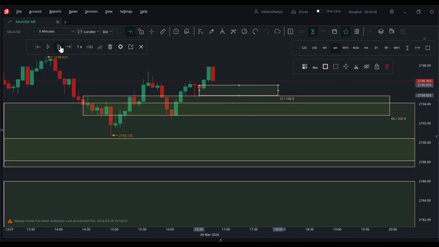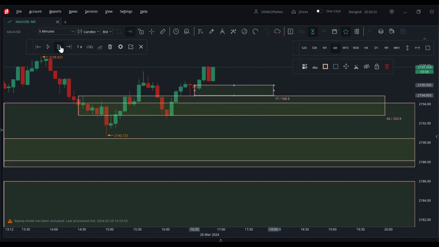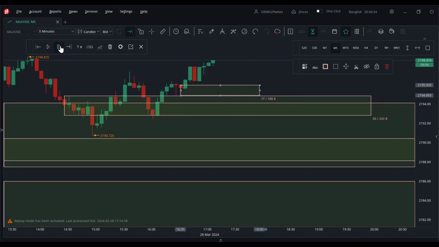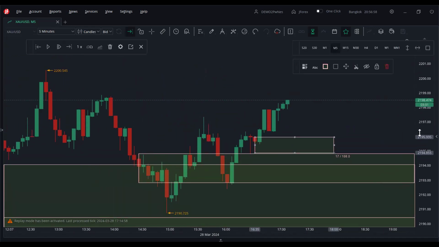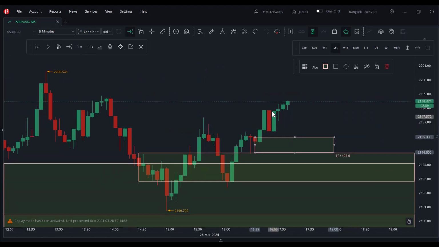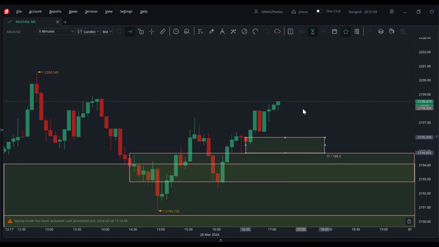Hey, it didn't get tested. Come on, test, test, test. Nope. It did not test, and it created a new one. We can go here and then get in, but then we are chasing the price.